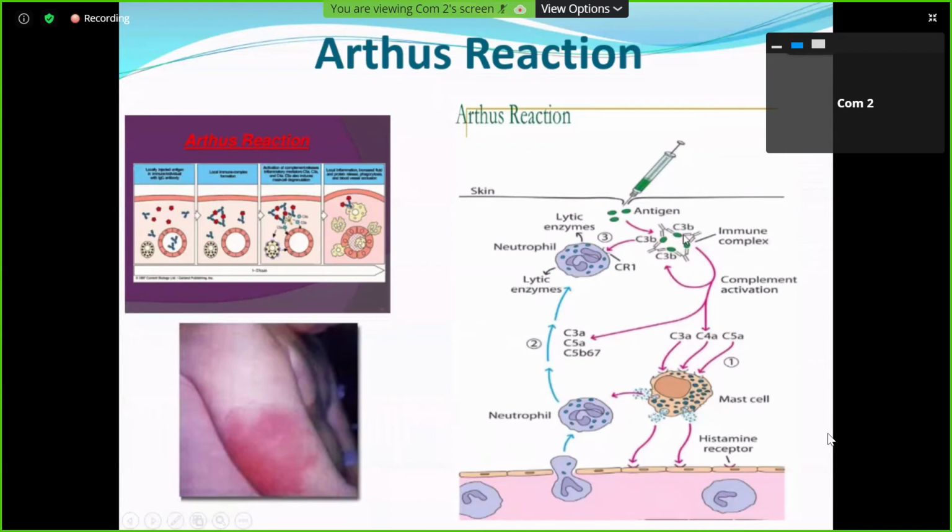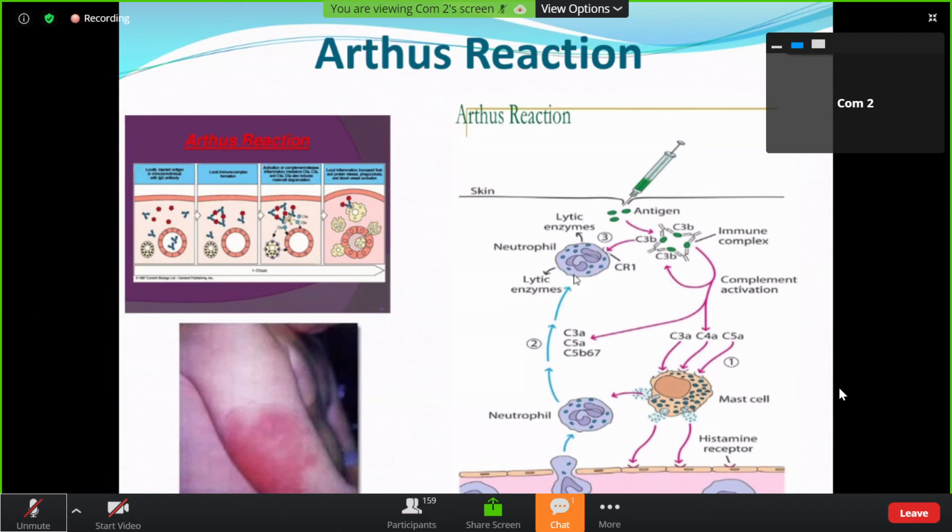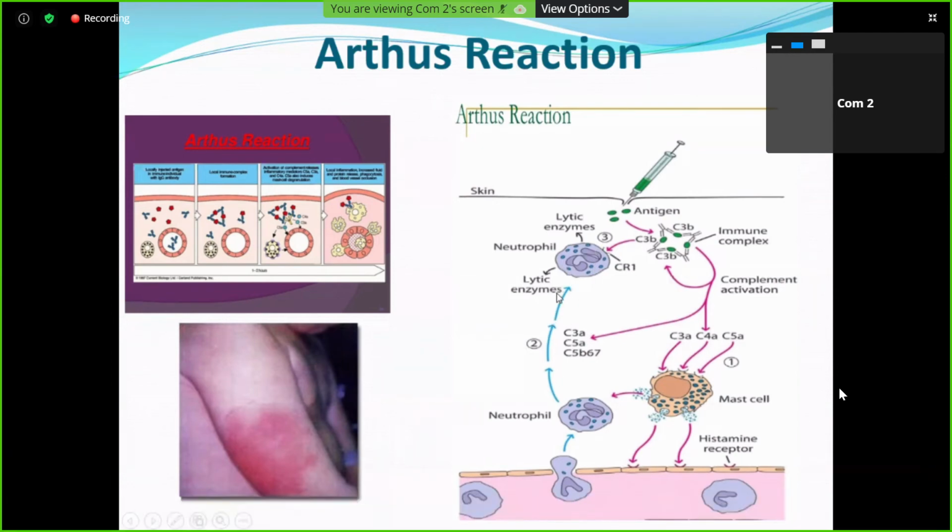If you remember, C3b causes opsonization, but also many cells like neutrophils have receptors for C3b. So these complexes can then bind, causing neutrophils to degranulate to induce a full-blown inflammatory response.